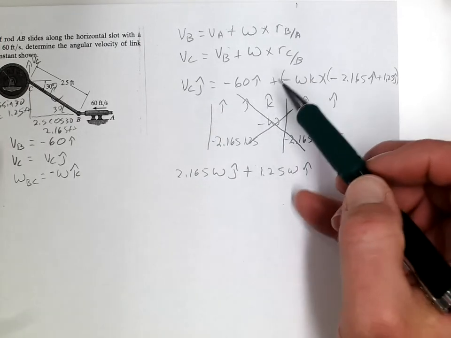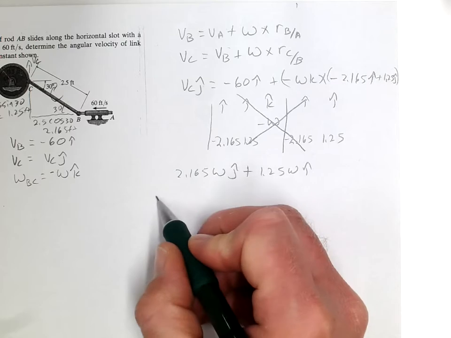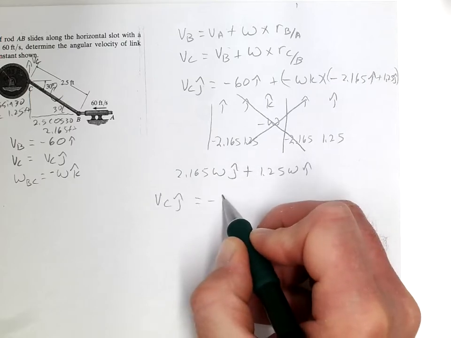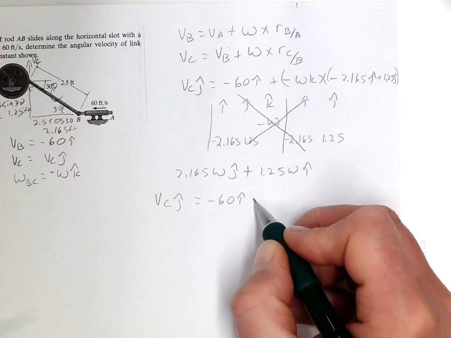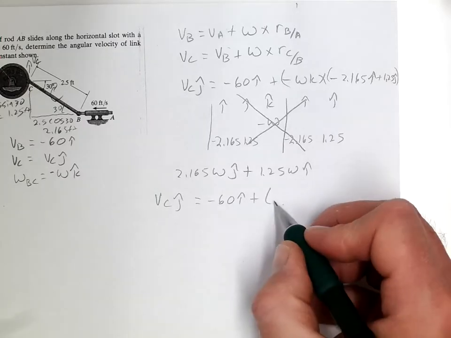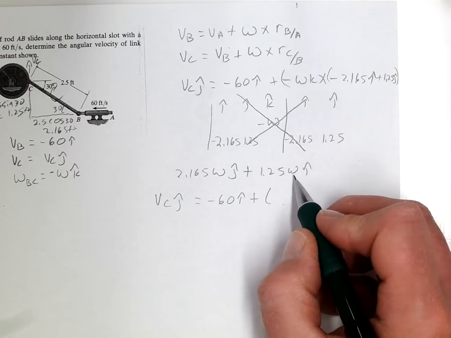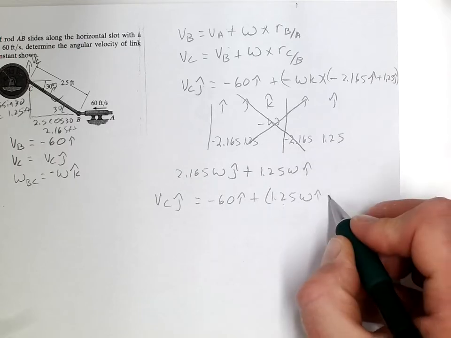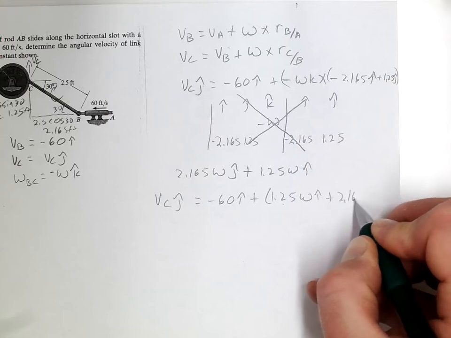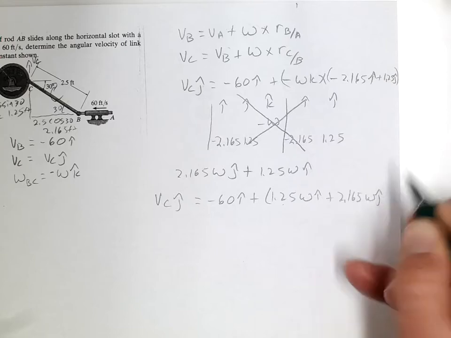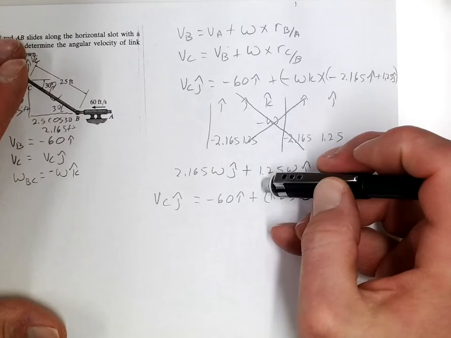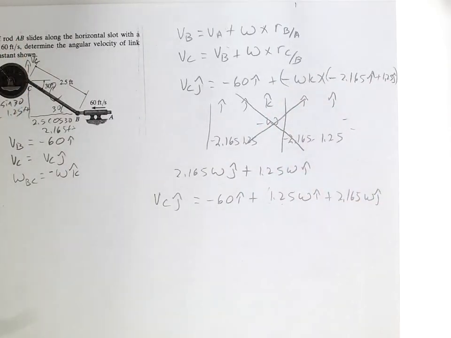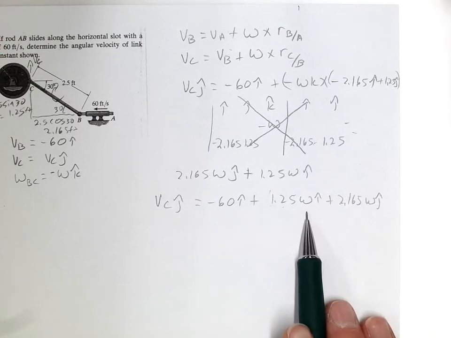Let's put that back into this, and we have VC in the J equals negative 60 I plus, now let's put the I first, 1.25 omega in the I plus 2.165 omega in the J. Now looking at this, we don't know VC, we don't know omega.